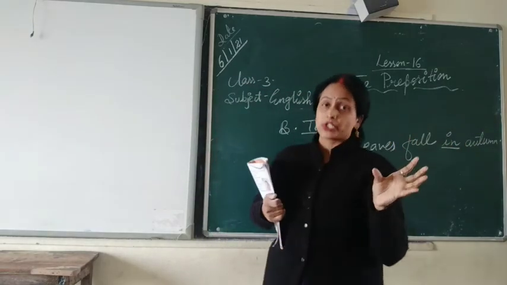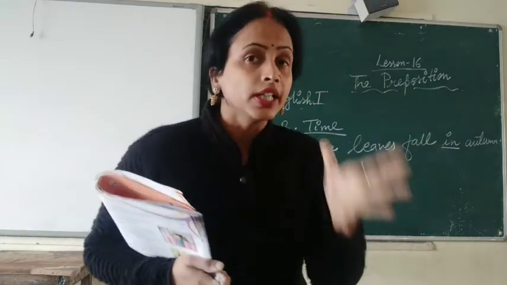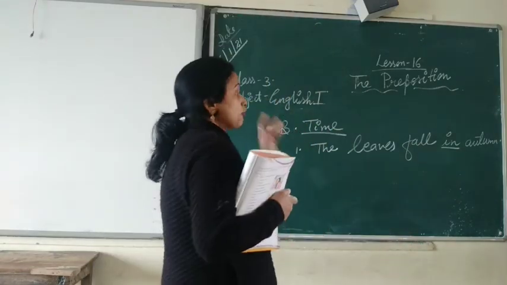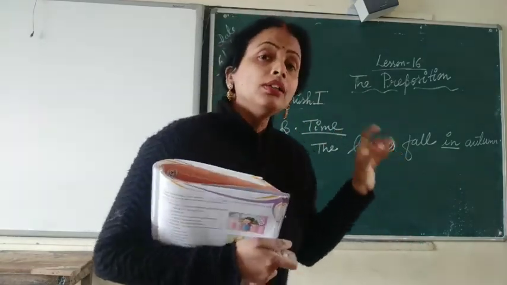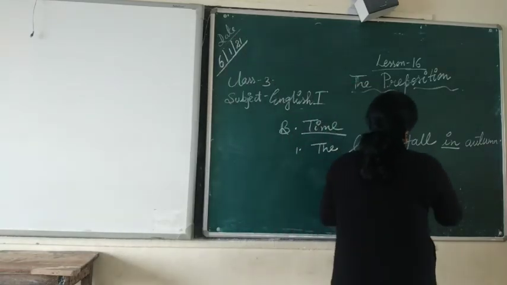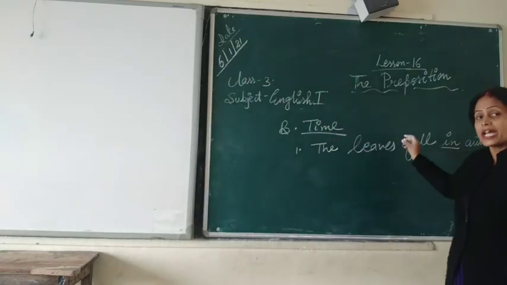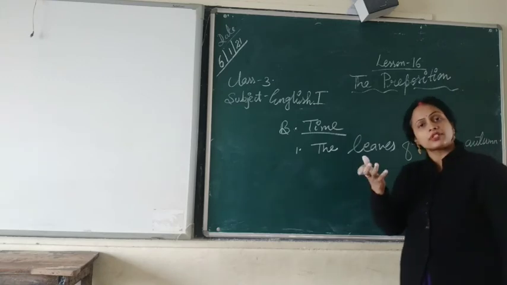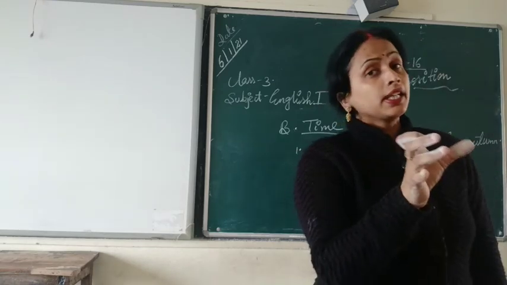The leaves fall in autumn. A particular season is mentioned here. In this season the leaves fall. So here it tells you about the time: in which season, at what time? In this particular season, in autumn.